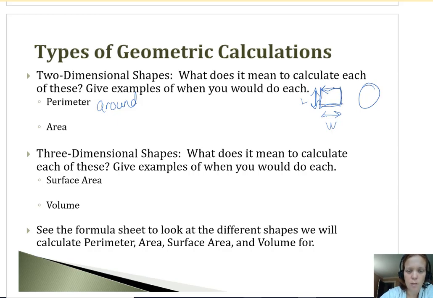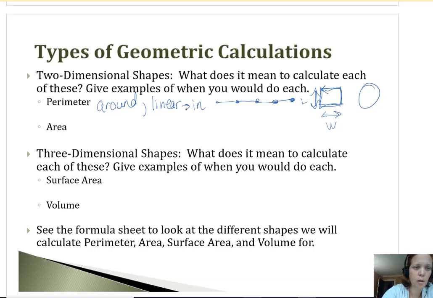If I took all the sides of this square, 2, 3, 4, and had those 4 sides, I could lay them flat. Think of fencing, putting a fence around a yard. That would be putting a fence around the perimeter. So this is still just linear. If we're measuring in inches, it's still just normal inches.